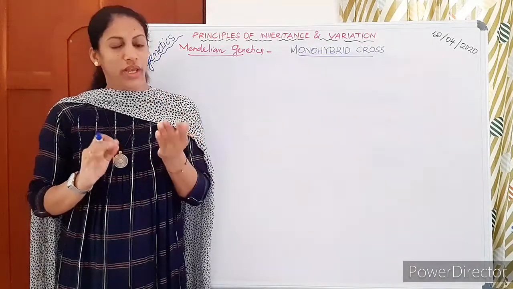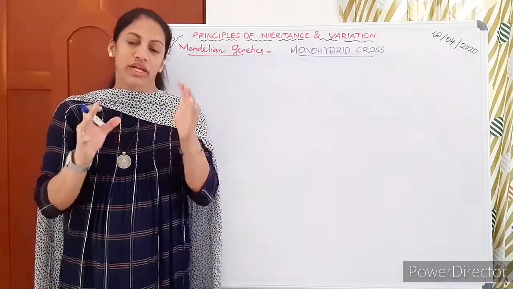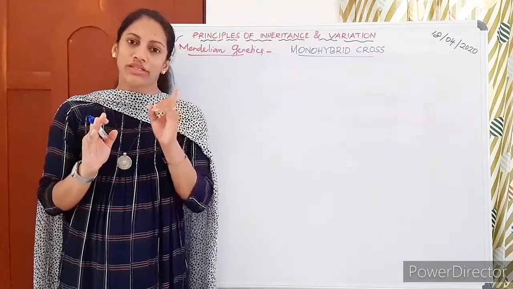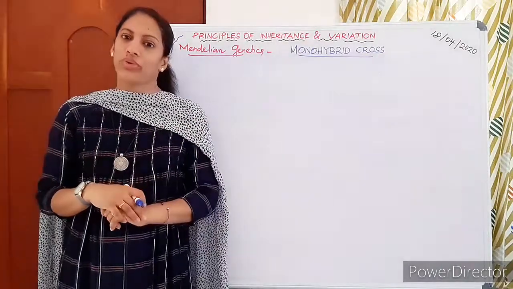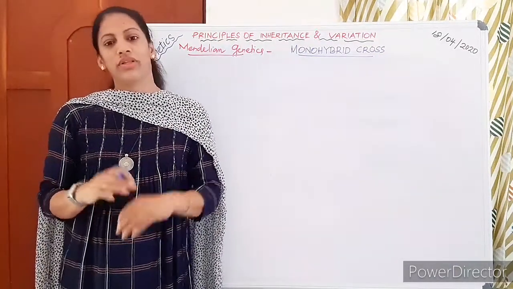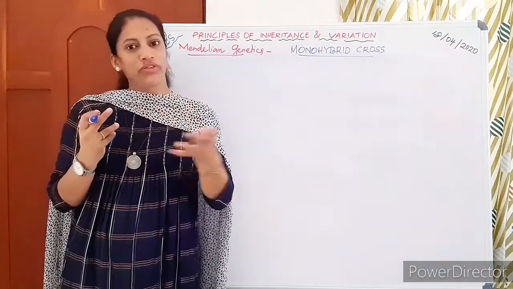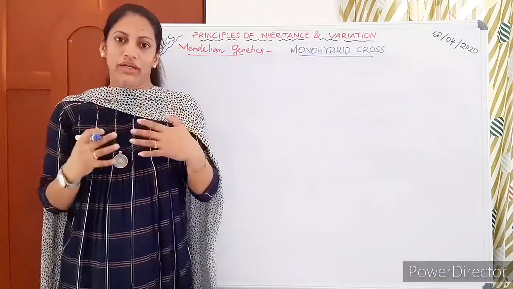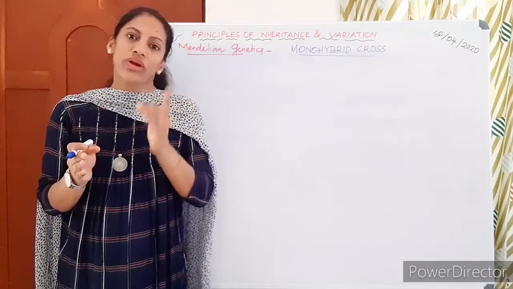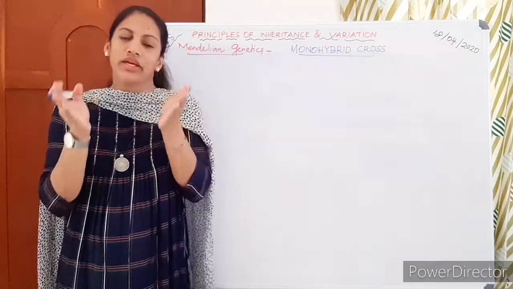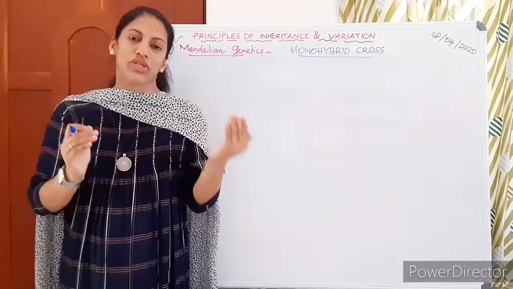When the breeder is studying the inheritance of a single character at a time, that cross is called a monohybrid cross. For example, the plant may have a number of other features, but the experimenter is focusing on the inheritance of only one character. Only stem height is considered, I mean, tall or dwarf only.